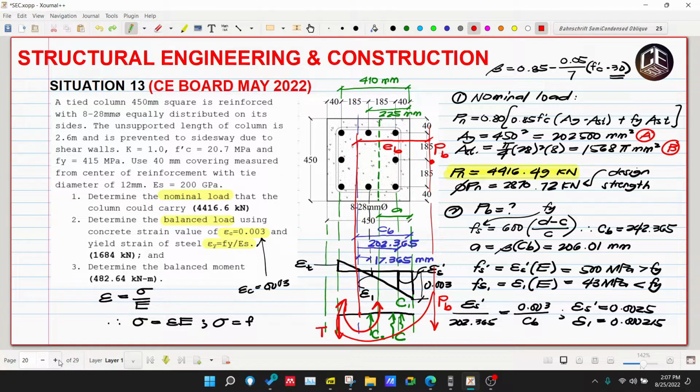And by summation of forces vertical, natin siya pwedeng mailagay. Okay? Dito na lang. Copy natin siya ng buo. Short na lang.